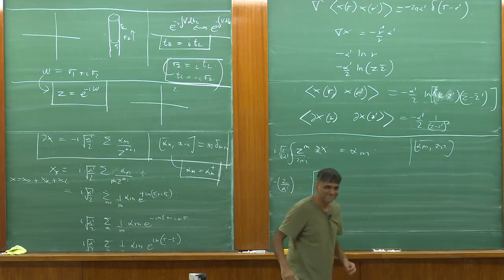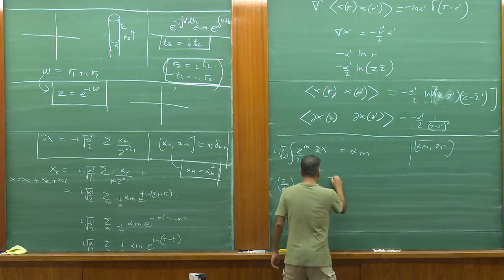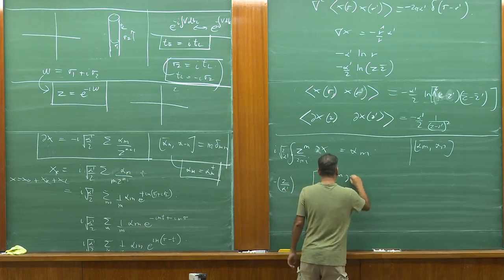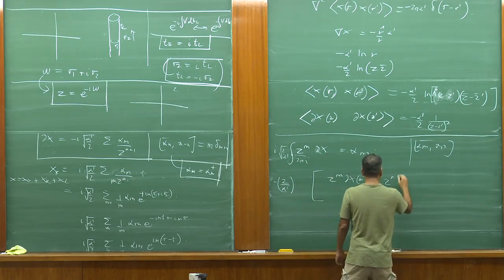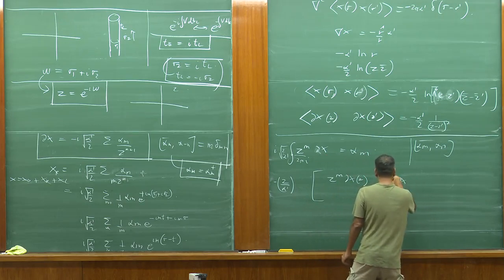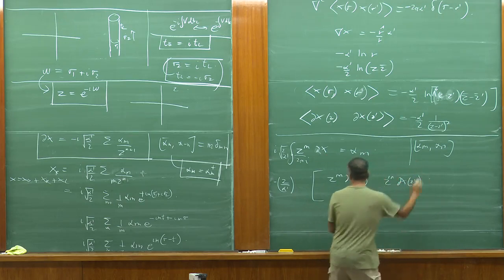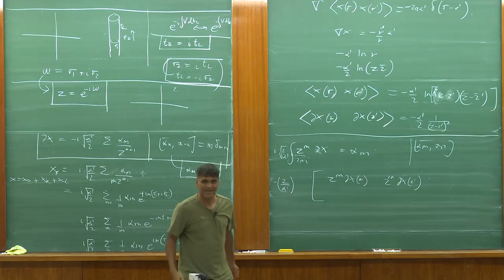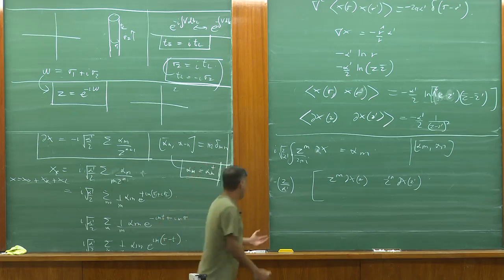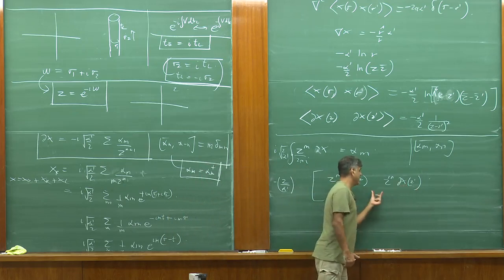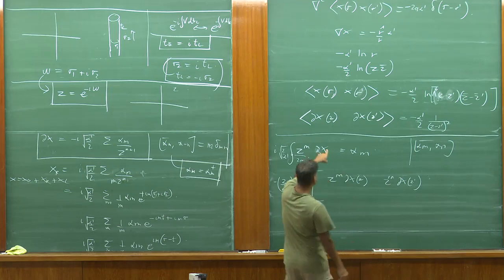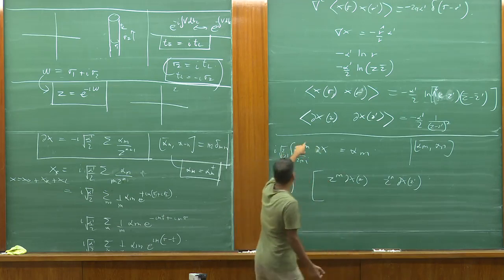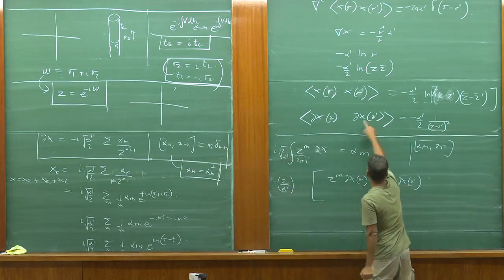So I want the coefficient of the pole of z to the power m del x of z and z prime to the power n del x of z prime. I want to take the OPE of these two and pull out the pole. But I know that the only singular term in this OPE is this one.